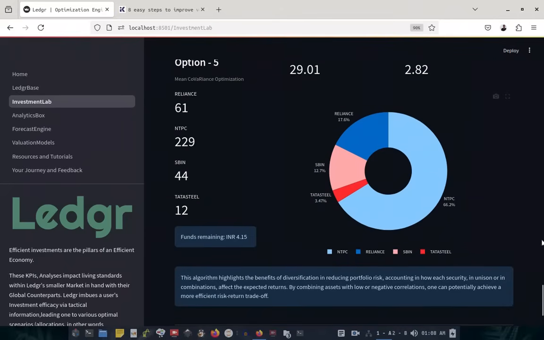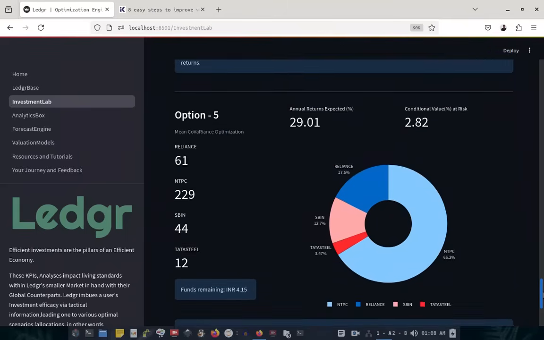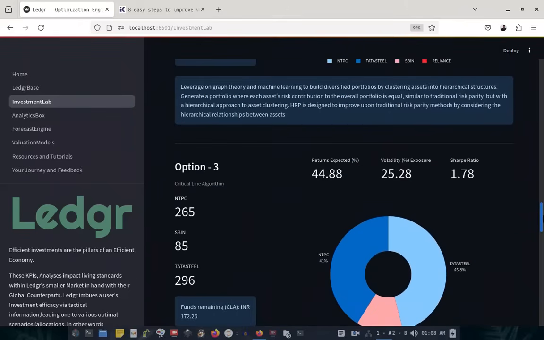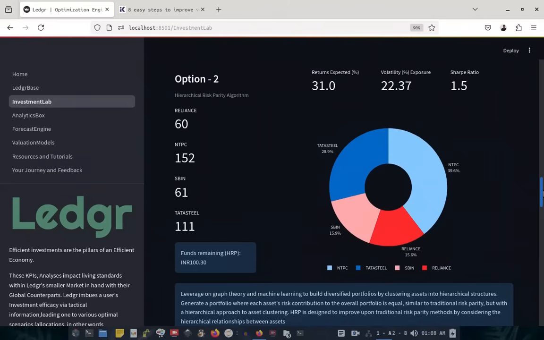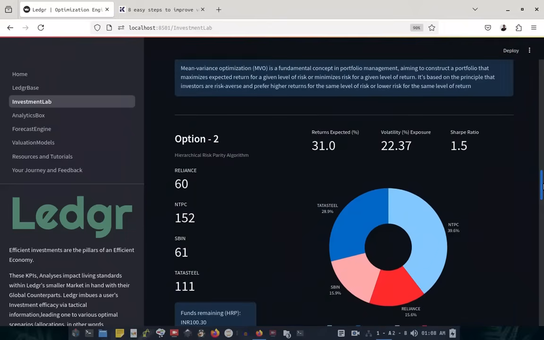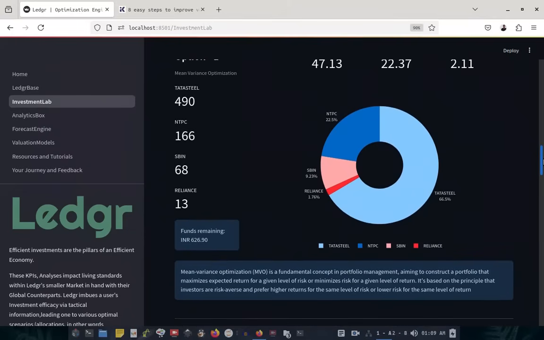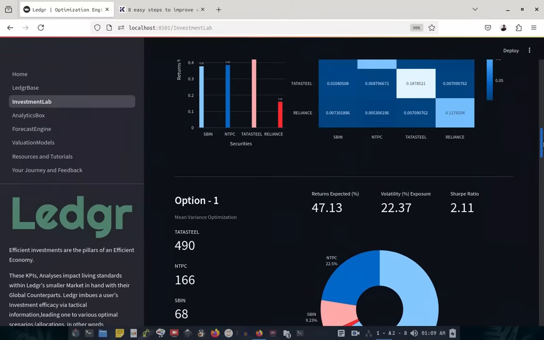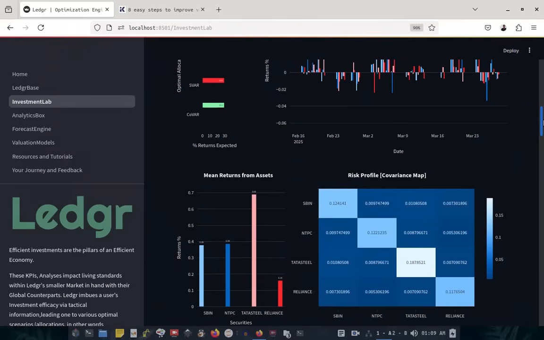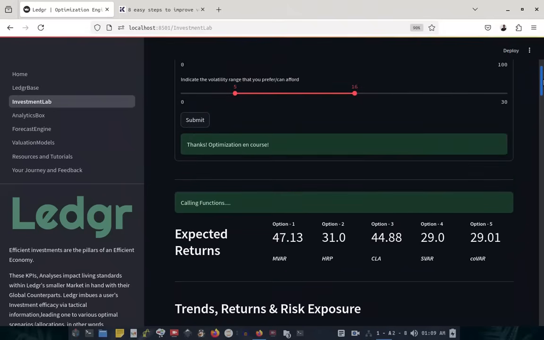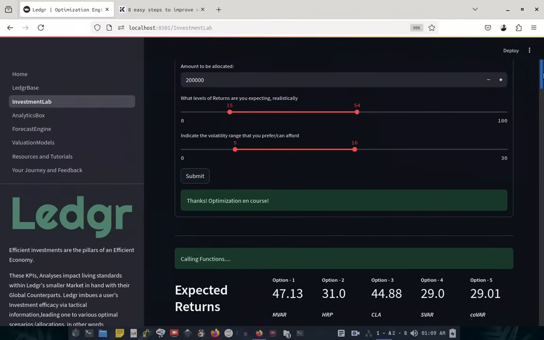One can research each and every algorithm, and we'll be adding more and more variants of optimization algorithms with time, because the intent is to make people invest not based on stocks, but based on understanding risks and understanding what they're doing, because the returns always come out as more lucrative and we seem to overlook the risks involved.